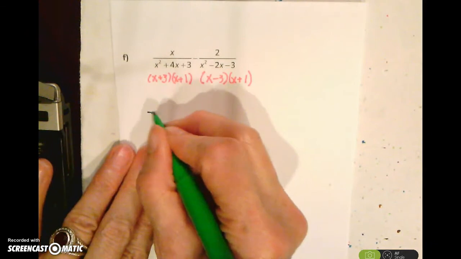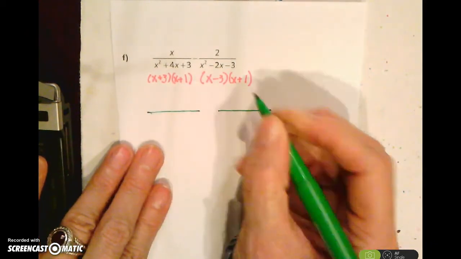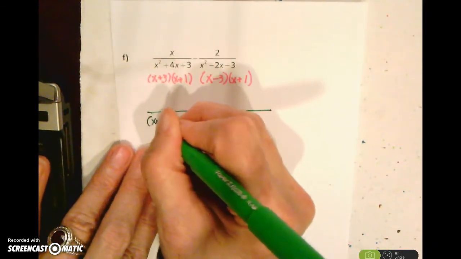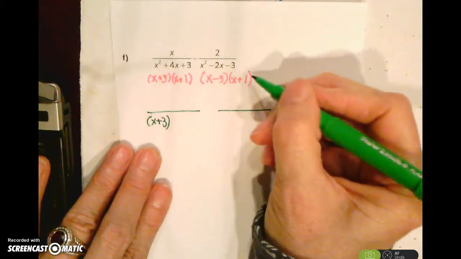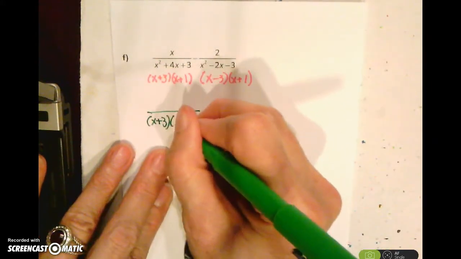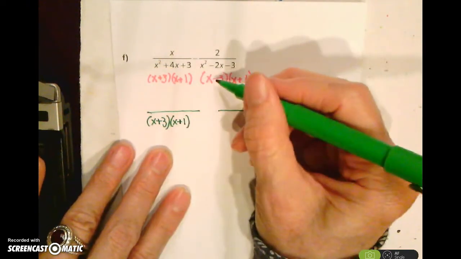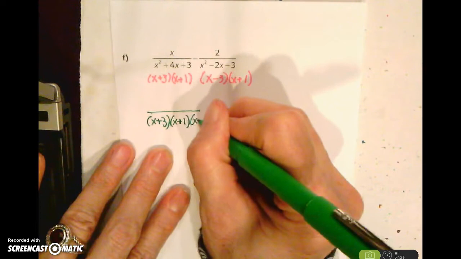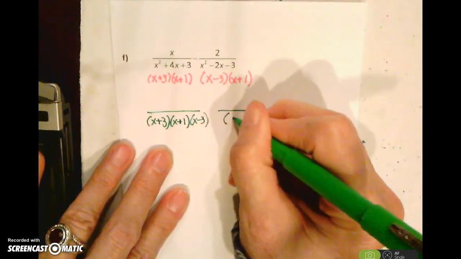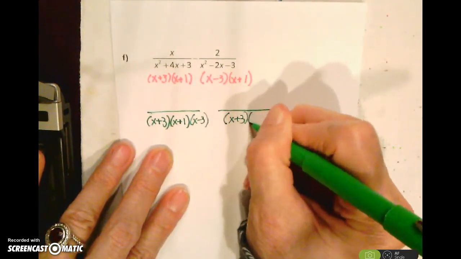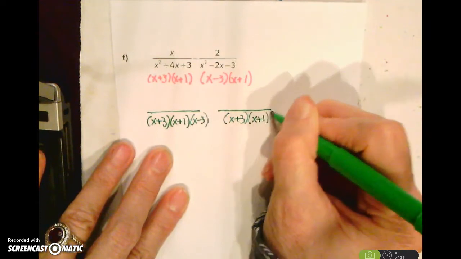So for my LCD, I'm going to have an x plus 3, an x plus 1, and then also I need an x minus 3. So I'm going to have 3 factors in this denominator, so I'm going to copy it over here.